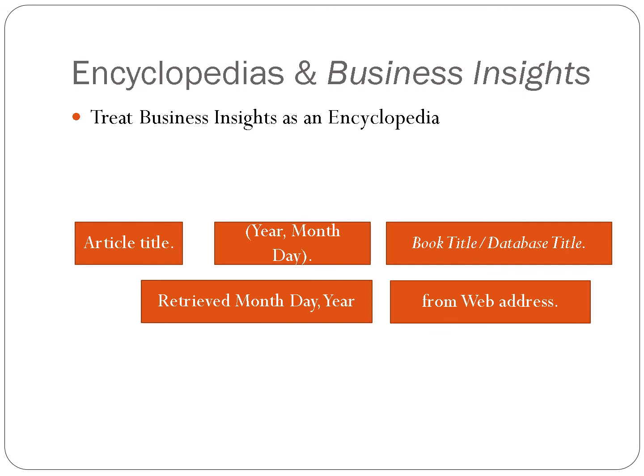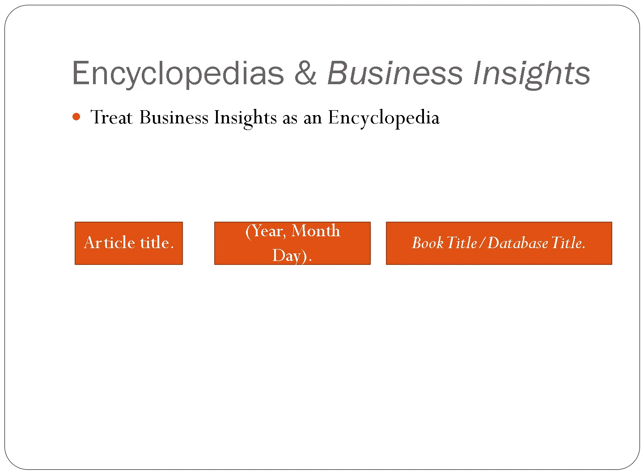But if this is, in fact, like Business Insights, it's a database. So instead, those would go away, and you would just have the retrieved from database. Remember, if you have no date, you can use ND.